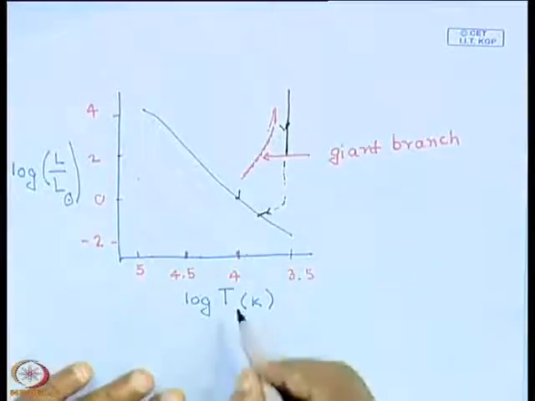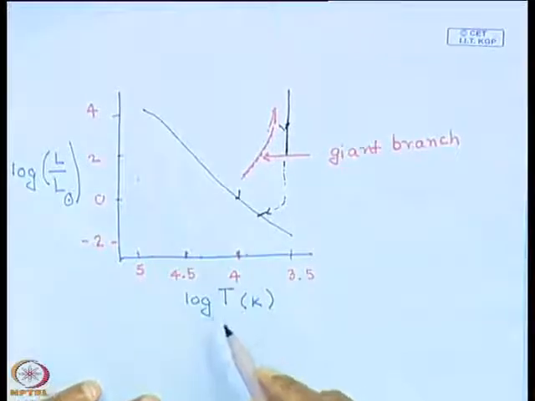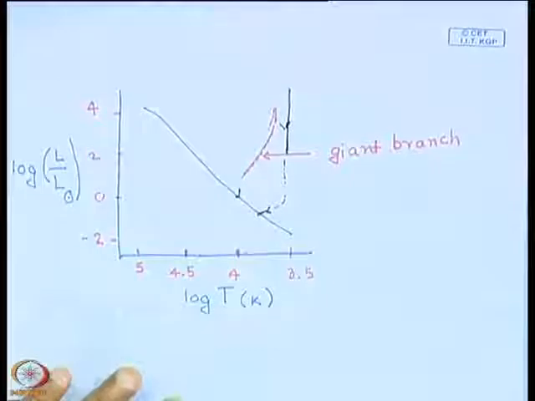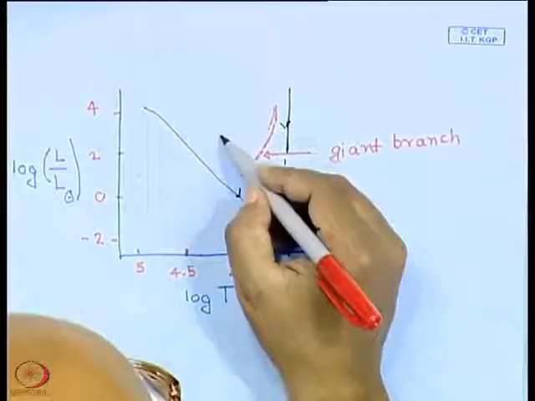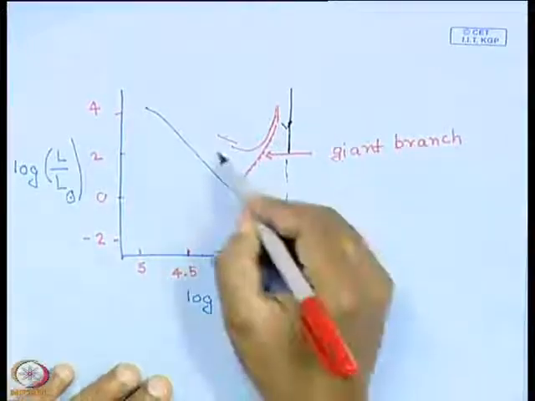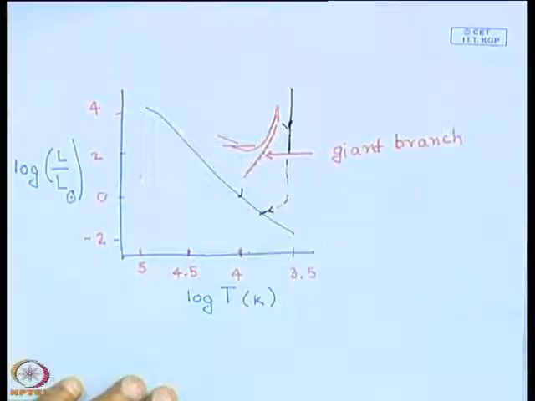The horizontal branch is a state which is analogous to the main sequence, except that you now have helium burning at the center. So it goes into something called the horizontal branch, like this.